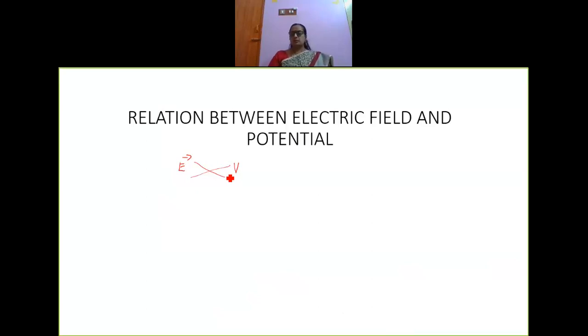Okay. So to understand that, let me draw once again a diagram where I consider plus Q. Now this plus Q is at the origin, which is considered to be the source charge. Okay. Now this will have an electric field like this.